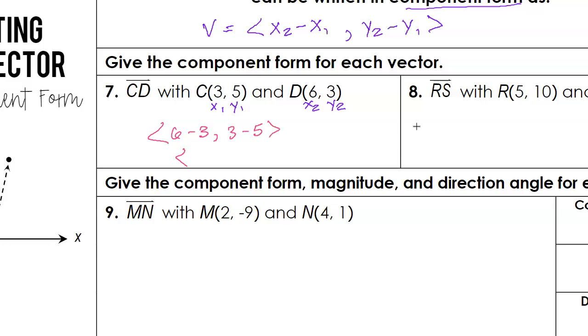Then subtract them. 6 minus 3 is 3. 3 minus 5 is negative 2. So in component form, CD is 3 comma negative 2. Any questions on putting it in component form?